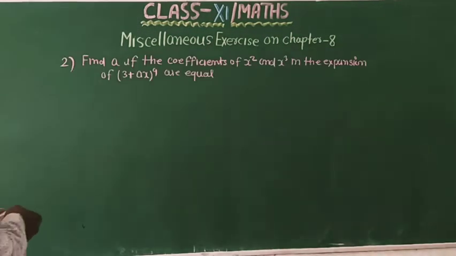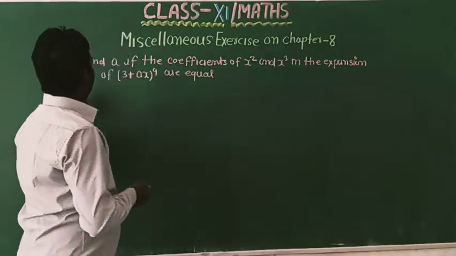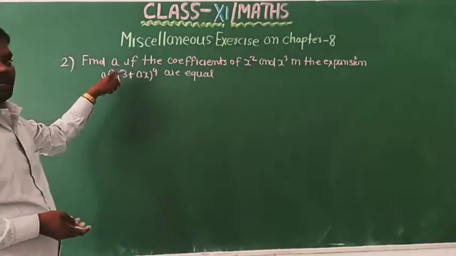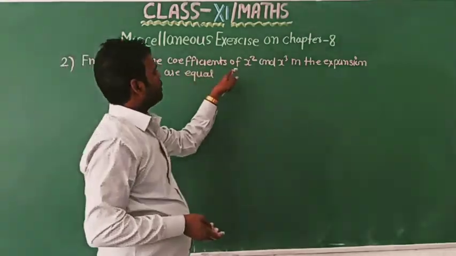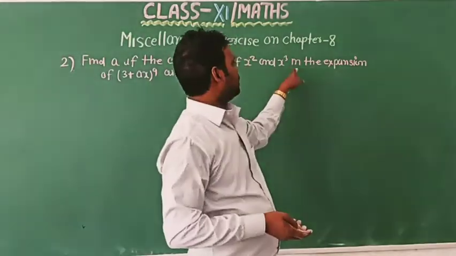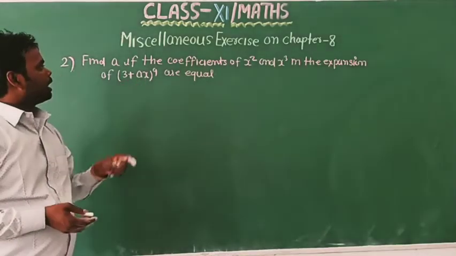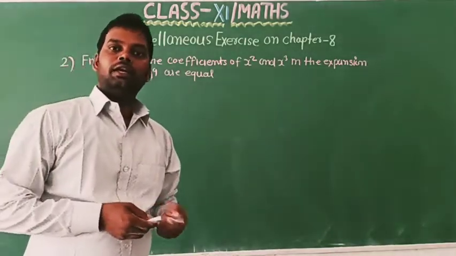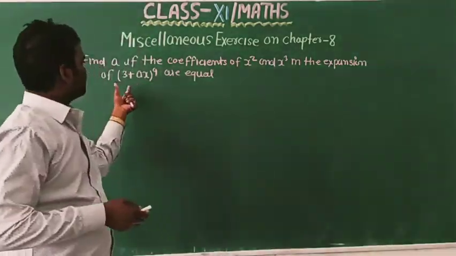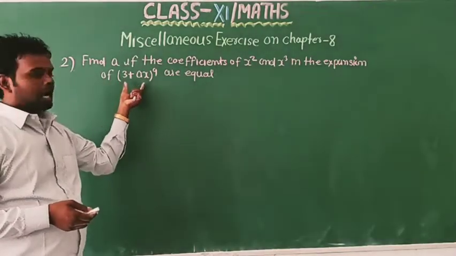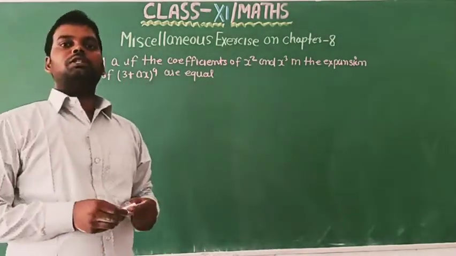Now move to question number 2. Find a if the coefficient of x square and x to the power 3 in the expansion of (3 plus ax) to the power 9 are equal. Okay, so first I will write its r plus 1 term, the general term.